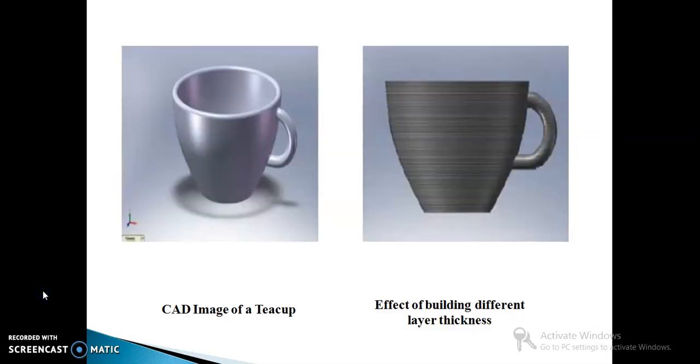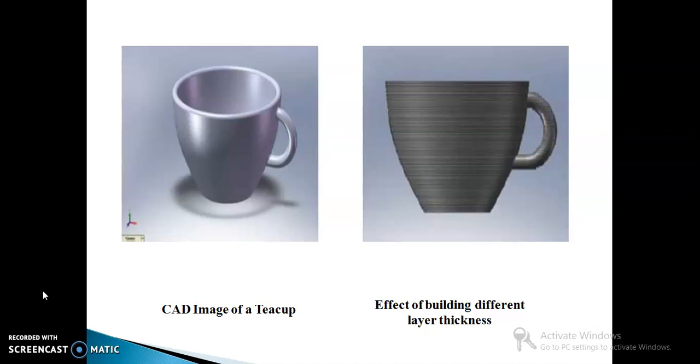Now in this slide you can identify two images. The first image is the CAD image of a teacup, which represents the final product which we have to manufacture by using the additive manufacturing process. This teacup is made using CAD software; a variety of CAD software is available to create the model. This CAD model is fed to the machine, and the machine converts it into the final finished product with the help of layers.